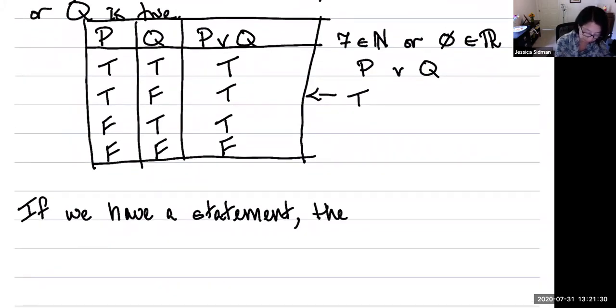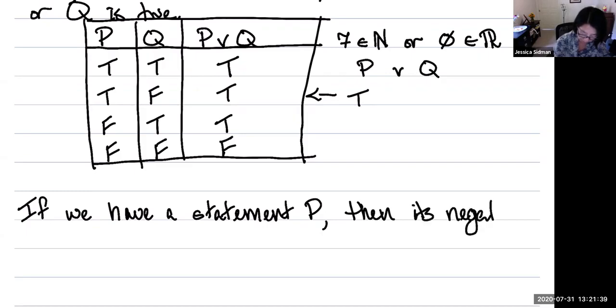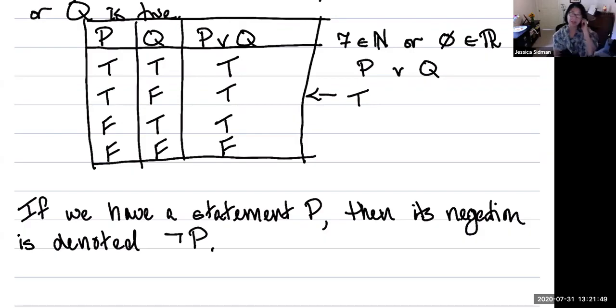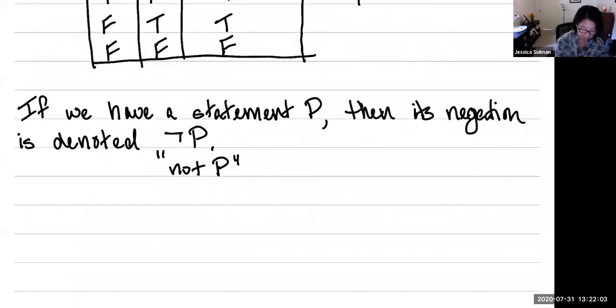If we have a statement P, then its negation is denoted with this funny little character there. We say not P. So this is read not P.